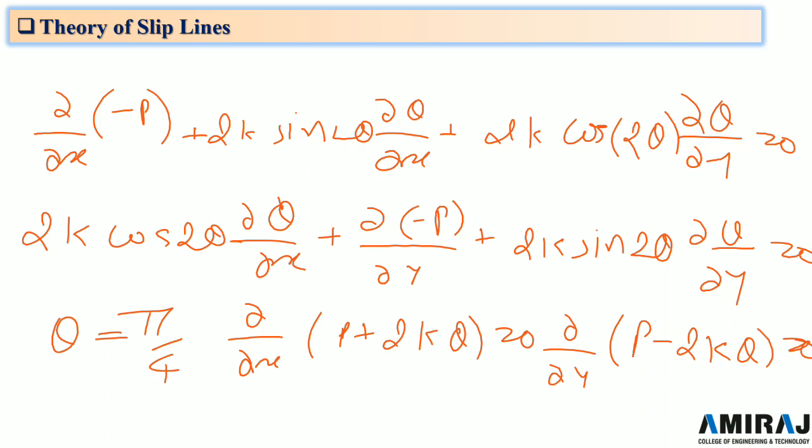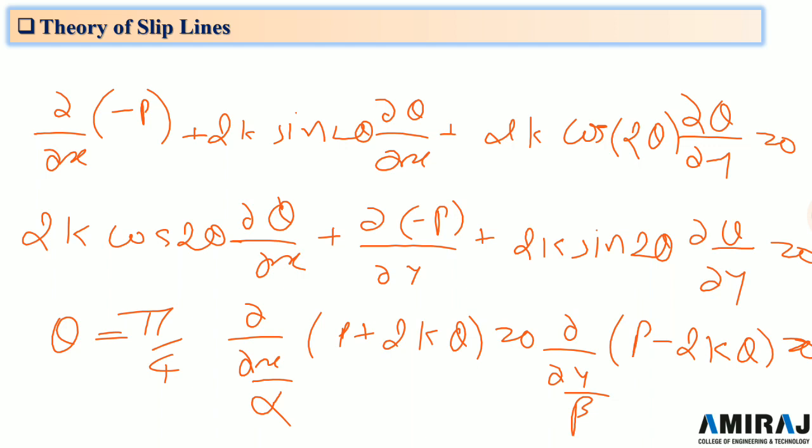In order to distinguish between the direction of maximum shear and the general coordinates x and y, we replace x by alpha and y by beta, which can be rewritten here. Now these equations are in fact the equations in which the coordinates are taken in the direction of maximum shear.